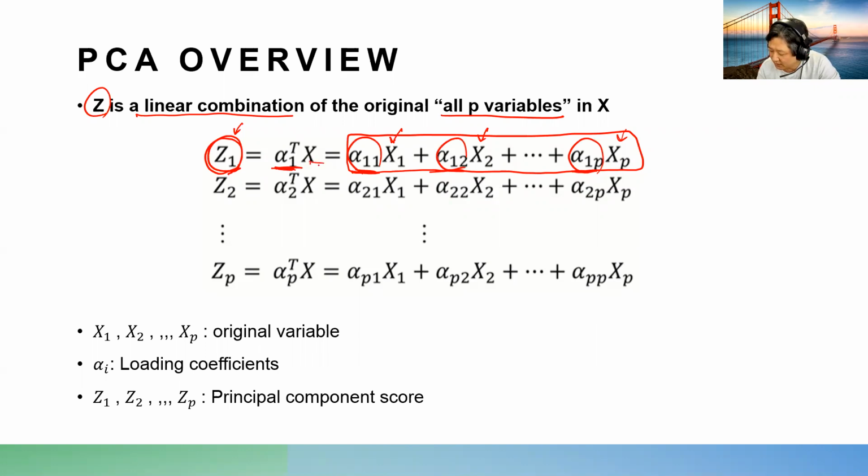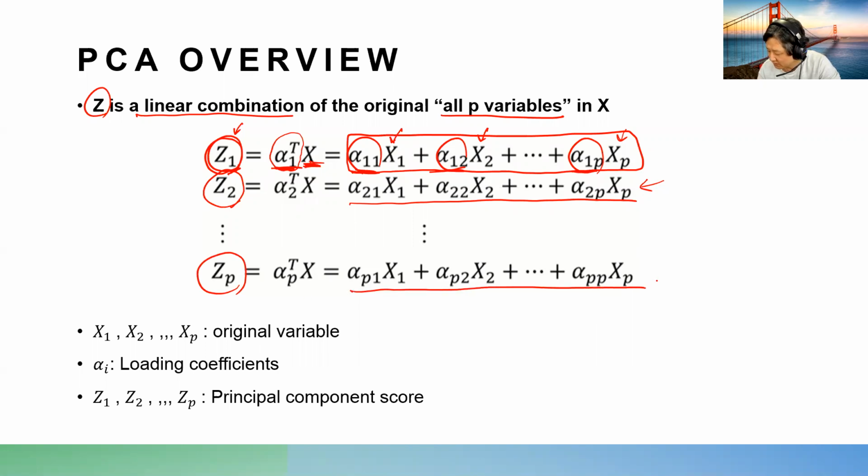X is the matrix of all variables, and this is the coefficient vector, the transpose of the coefficient vector. They're the same thing. And then you can create another principal component using another set of coefficients, and another principal component using the same thing here.